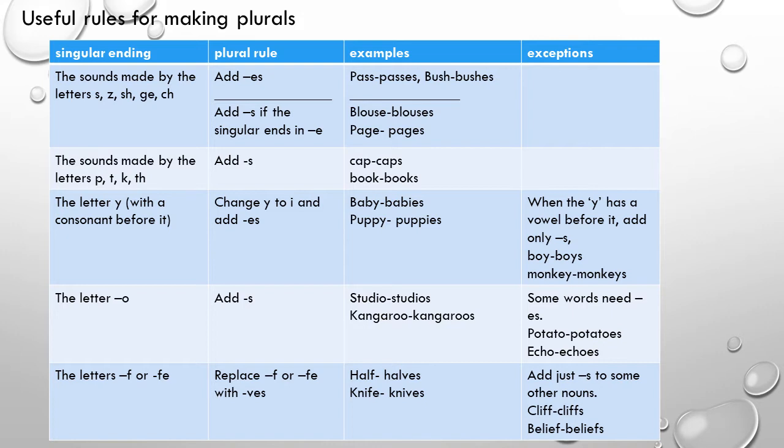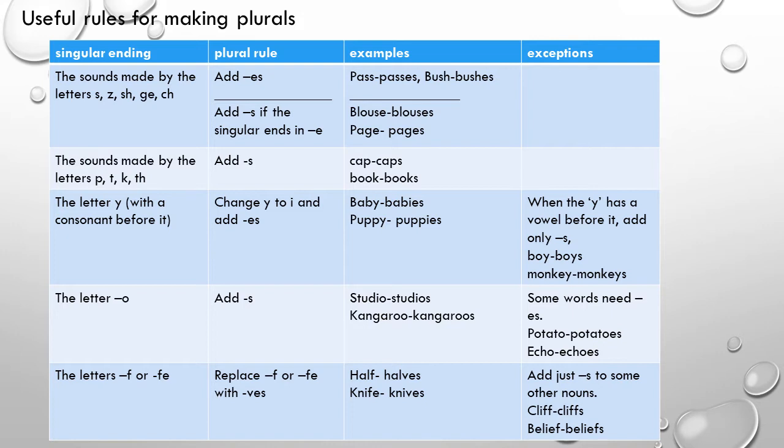The first example is blouse, BLOUSE. Here the word ends in E. So we will just add S, not ES. So you have to remember these rules to form plurals from the singulars. The second one is page, PAGE, page, and the answer would be pages.